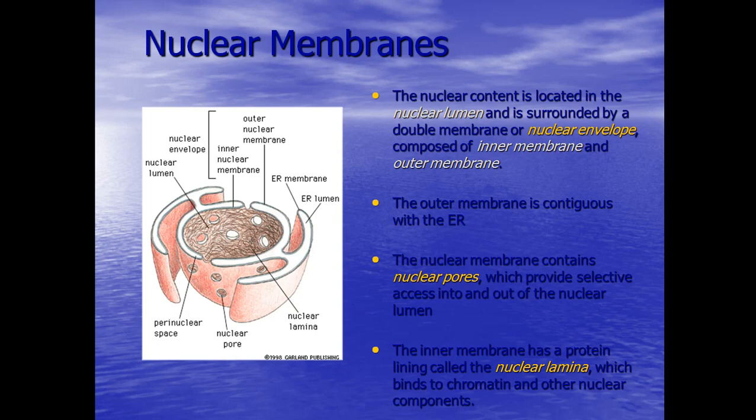Again, to repeat, the outer membrane is continuous with the endoplasmic reticulum, which you can clearly see here, and this nuclear membrane contains a number of pores for the movement of molecules across the membrane, but these nuclear pores are highly regulated by protein complexes. The inner membrane has a protein lining called nuclear lamina, and this nuclear lamina binds to chromatin and other nuclear components.